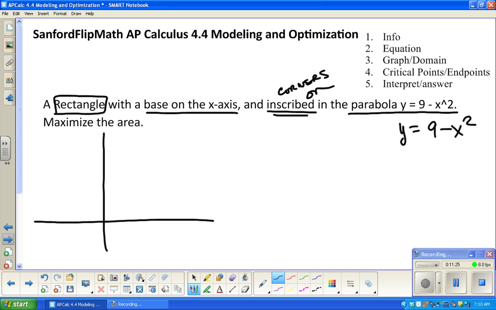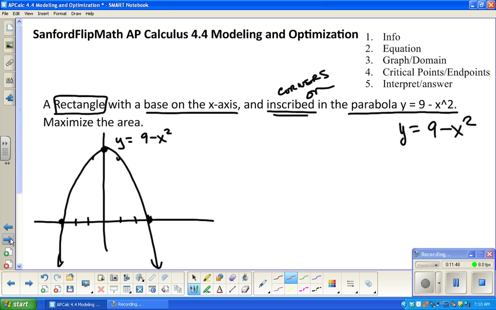Now this could be, well, no, I guess it can't be. Never mind. Sorry. The y-intercept for the parabola is at 9. The x-intercepts for the parabola are at 3 and -3. Something like this. So this is y equals 9 minus x squared.